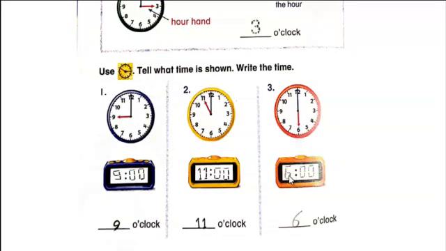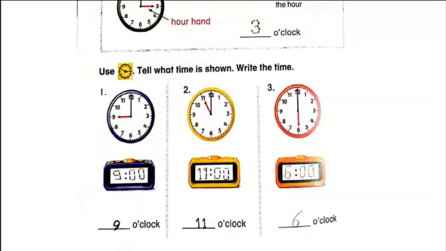So we write 6. And the long hand or minute hand points to 12, so on the right side you will write 00. So when you read this, you will say 6 o'clock.